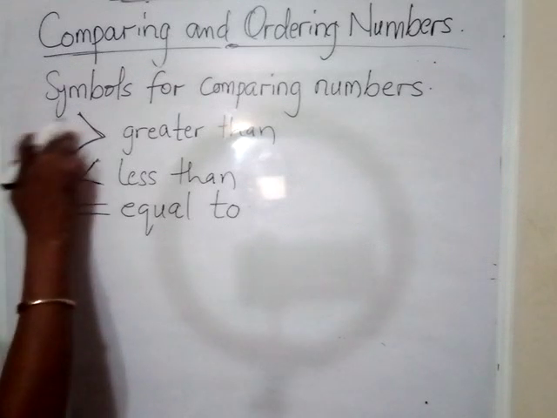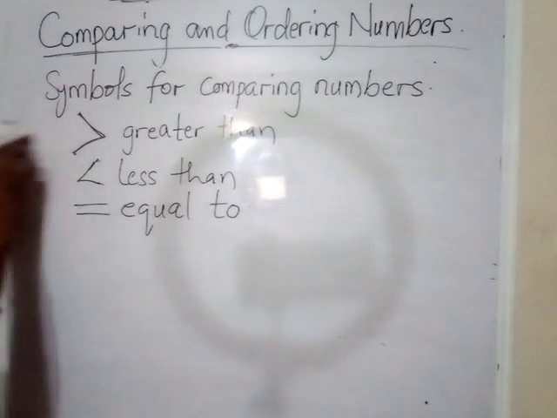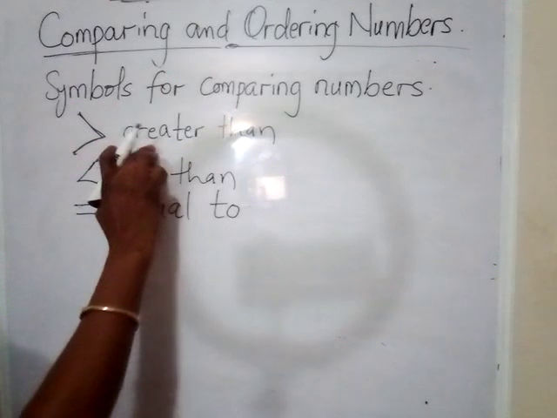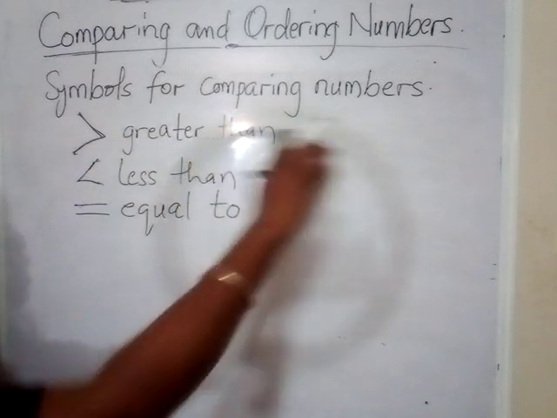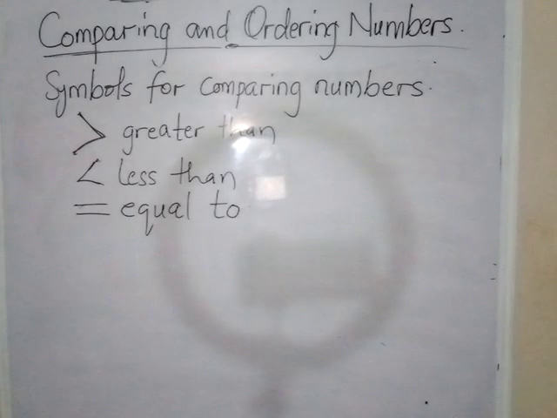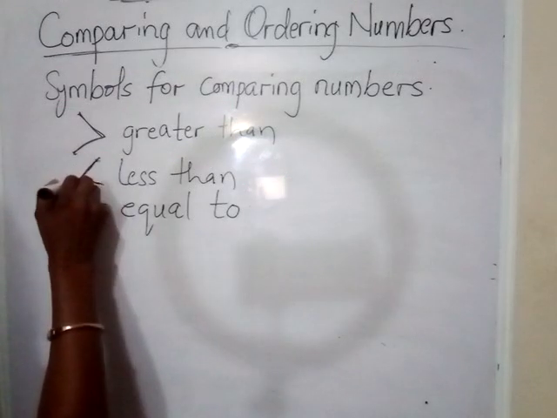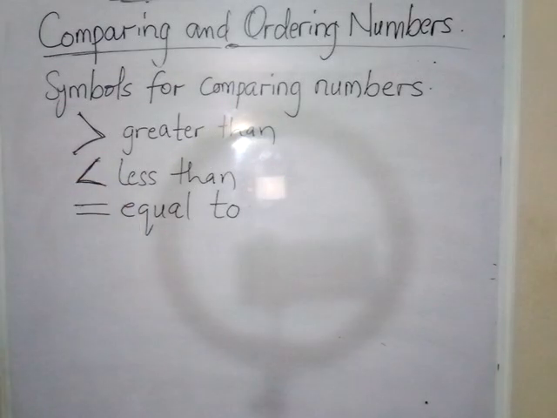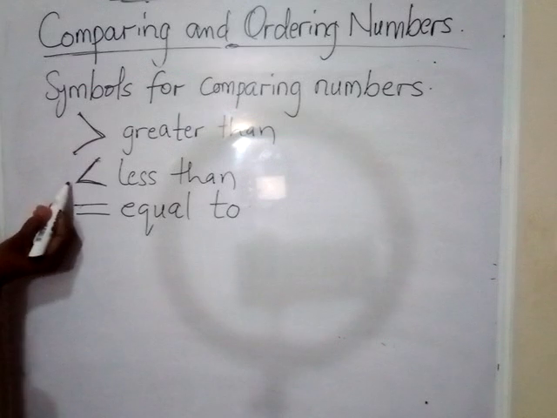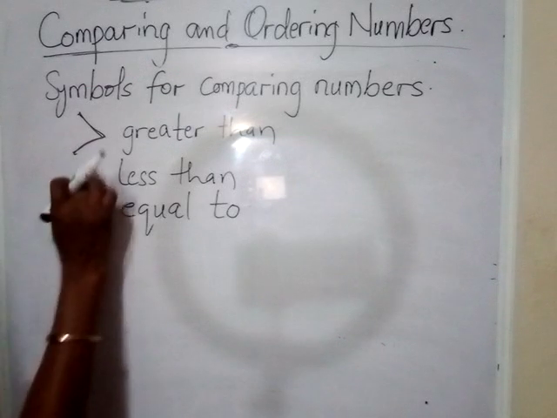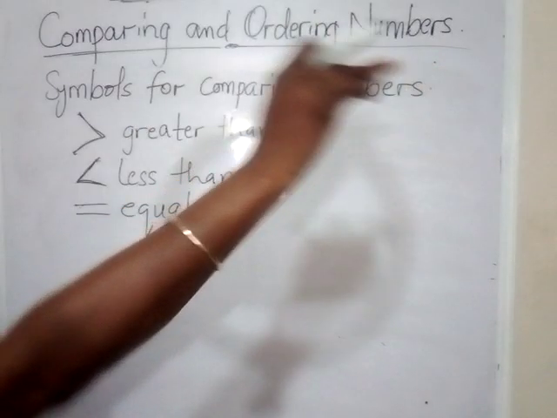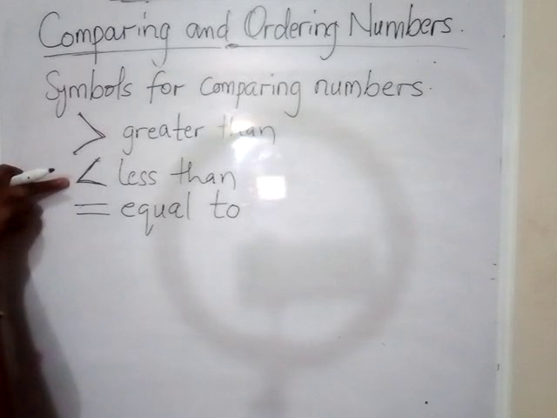So whatever number is on this side where the mouth of the crocodile is open to is considered greater than the other number. Now look at the second sign, the same sign but facing the other way. Now if you look at this end, it is closed. The mouth of the crocodile is open towards the right and it is closed towards the left.